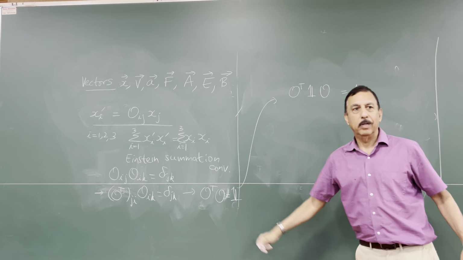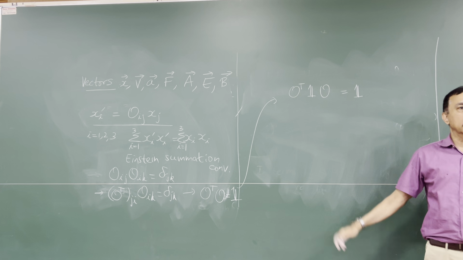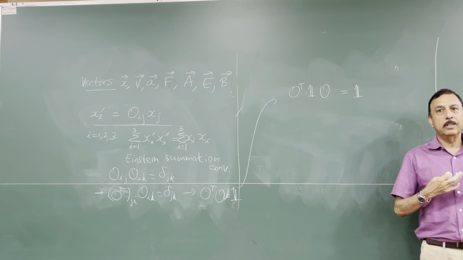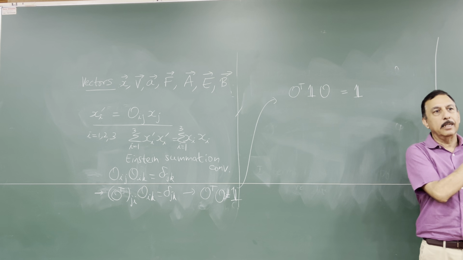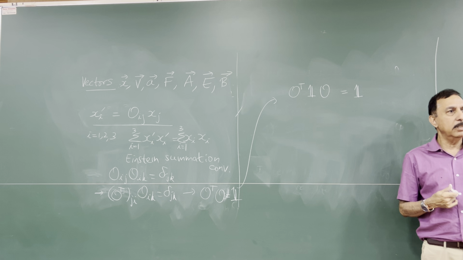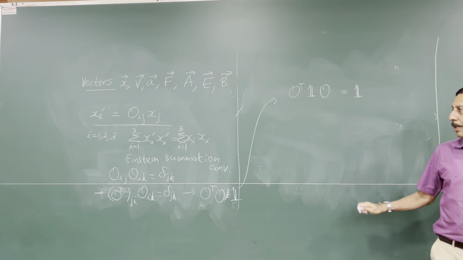This gives me the interpretation that an orthogonal transformation is the transformation which preserves the identity matrix. The operation acts by O on the right and its transpose on the left. That's called some kind of similarity transformation, and it preserves the identity. So that's one way to look at it.